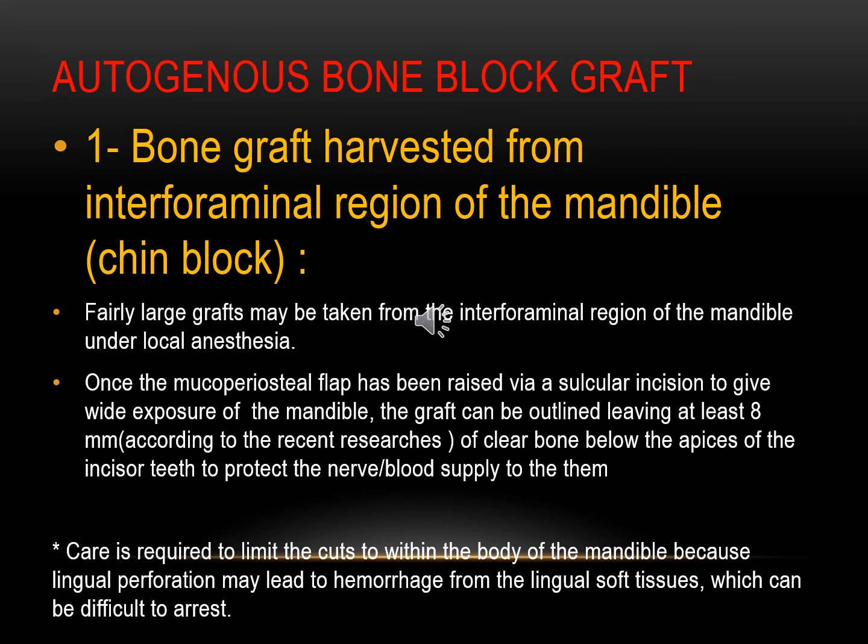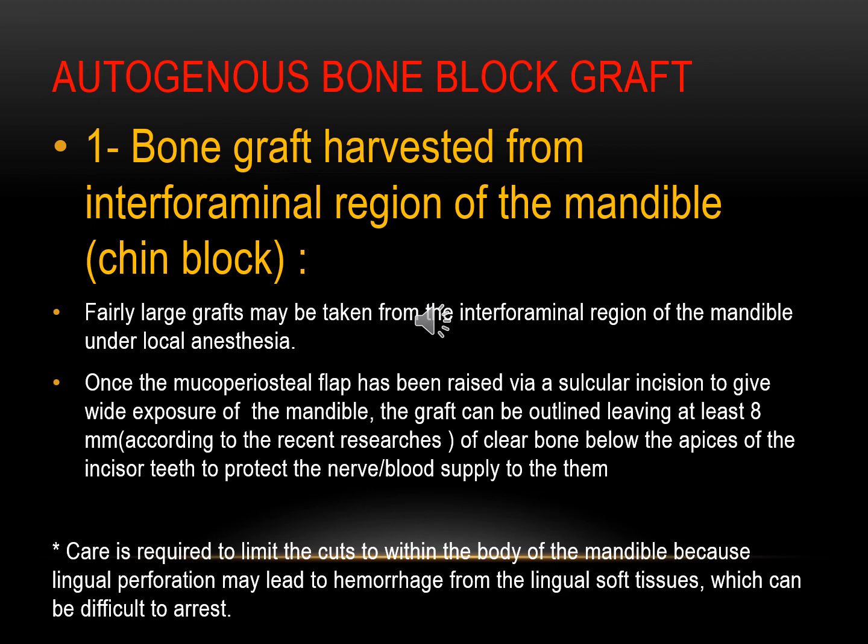After we penetrate the cortical bone, we should stop from complete cutting to reach the cortical bone of the lingual wall of the mandible, because if we reach the lingual part of the bone, it can cause a perforation and lead to hemorrhage from the lingual soft tissue, which can be difficult to arrest.